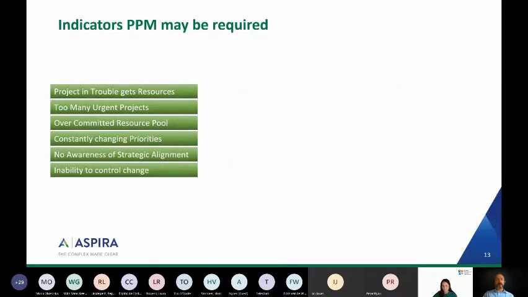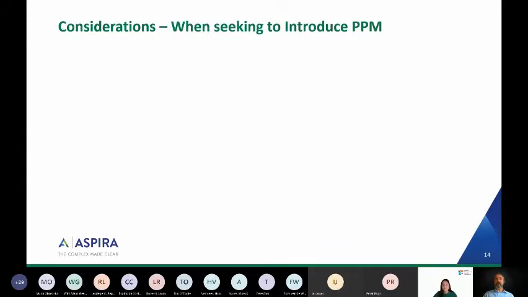So let's assume that we all work in an organization that exhibits some of these indicators. How could we begin to fix these issues? Well, we could start by introducing PPM. We have already outlined that there's potential value in doing so. But where does an organization start with PPM?